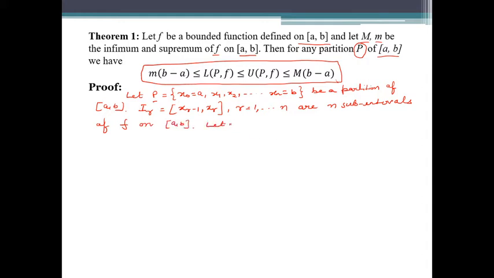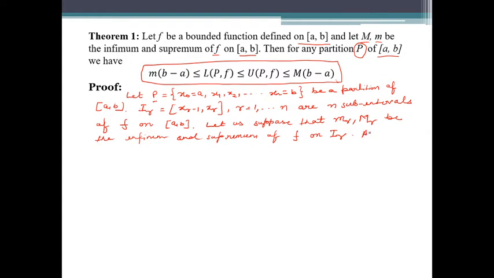Let us suppose that small m_r and capital M_r are the infimum and supremum of f on the subinterval I_r.